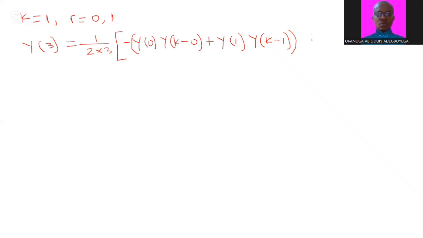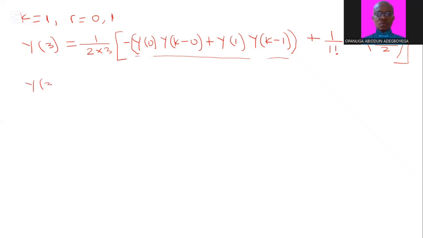Then plus 1 over 1 factorial, which is also 1, sine 1 times pi over 2, bracket closed. So we now begin to substitute the value of k inside the first bracket here.